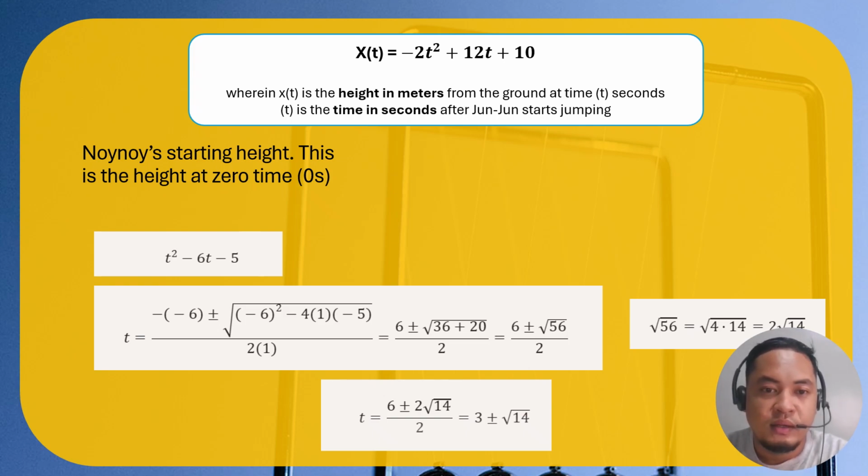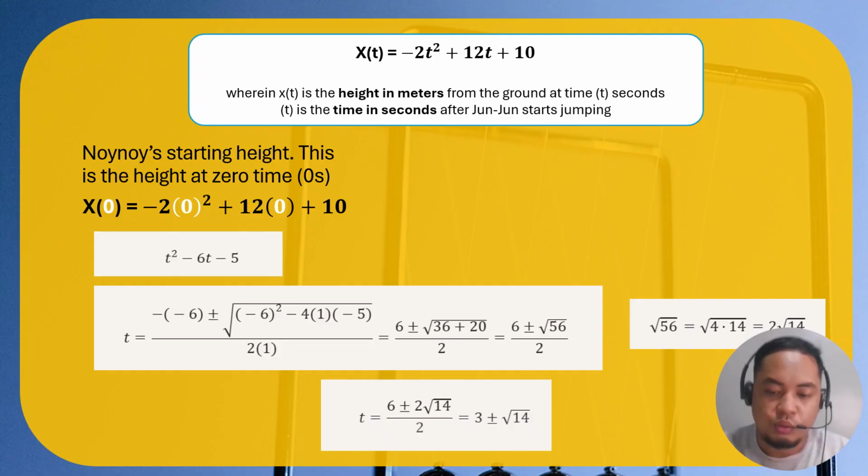So therefore, we can say in this case that the starting height is at zero time. We will substitute zero into our function, and then we will be getting 10, right? Because everything multiplied by zero is zero, leaving 10, and the unit must be meters because it talks about the height.